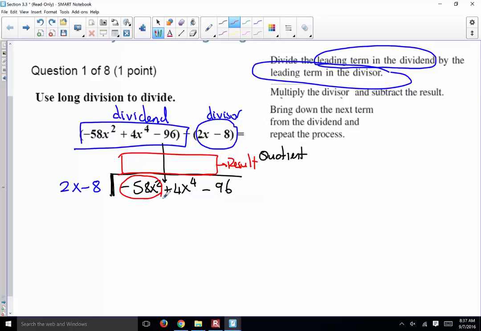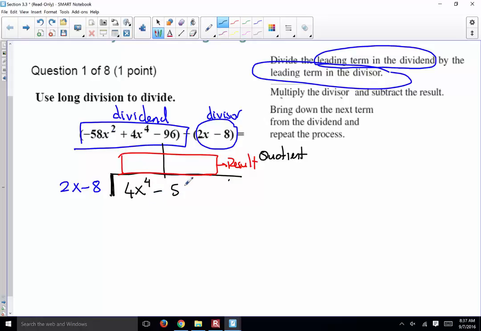No, because it doesn't have the biggest power. The leading term is the biggest power. So when you are setting this up, don't just put the polynomial in the given order, please rearrange terms if necessary, and in this case it's necessary. I should put the first term as 4x to the 4th because it's the biggest power, it's the leading term.